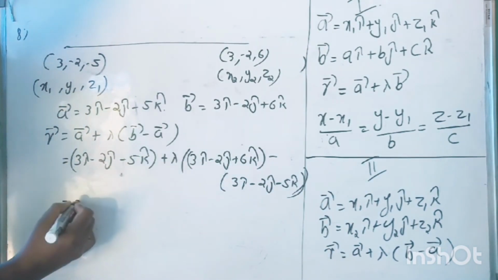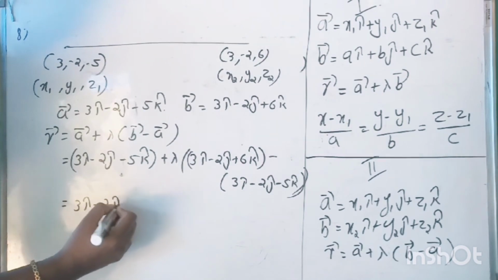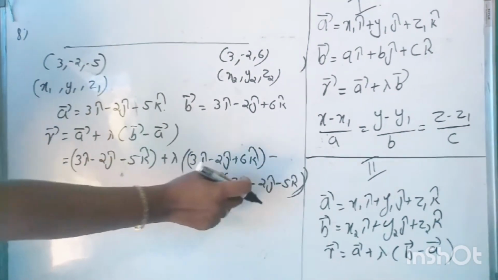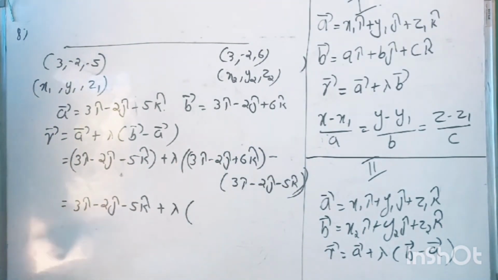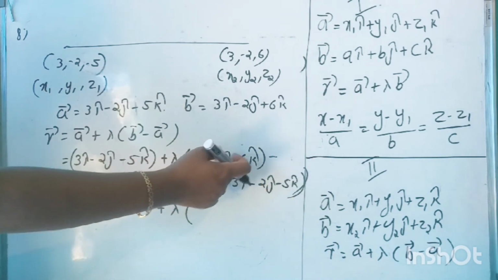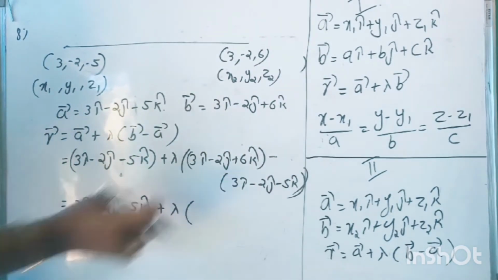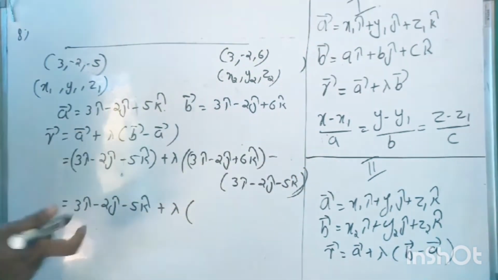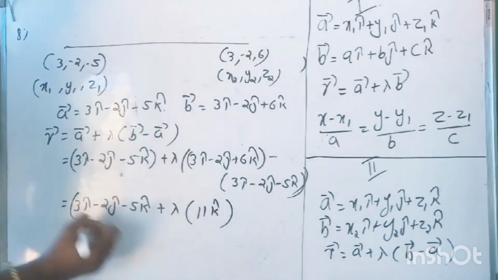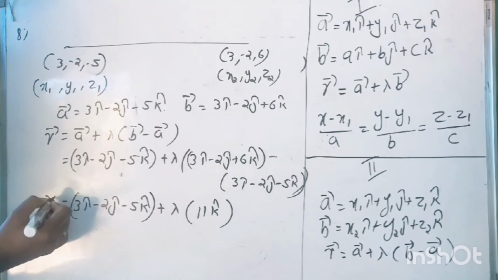This is equal to 3i minus 2j minus 5k plus lambda into 3 minus 3, that is 0, minus 2 minus minus 2, that is minus 2 plus 2, that is 0, 6 minus minus 5, that is 11k.